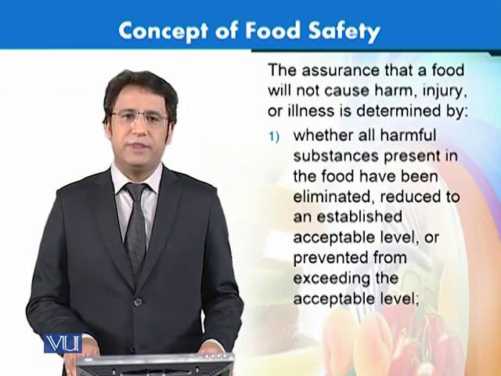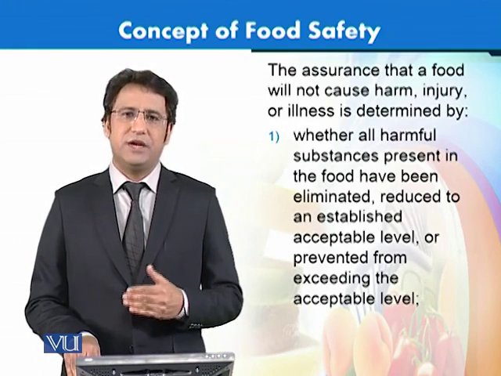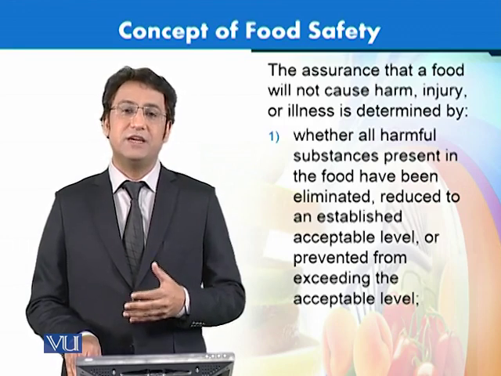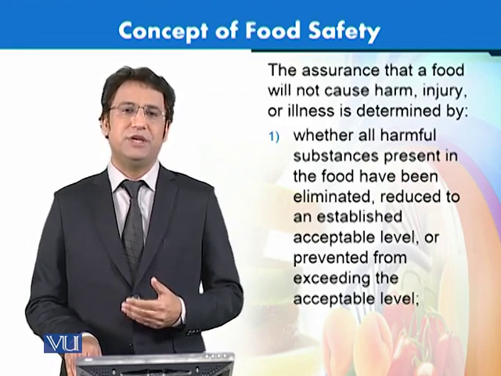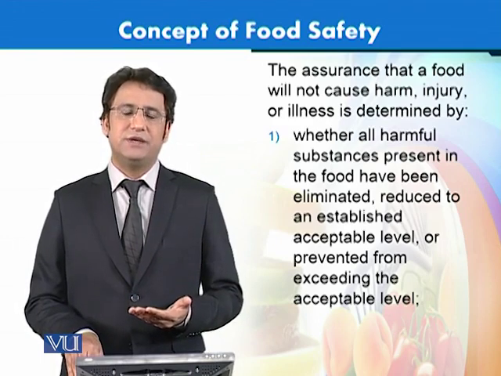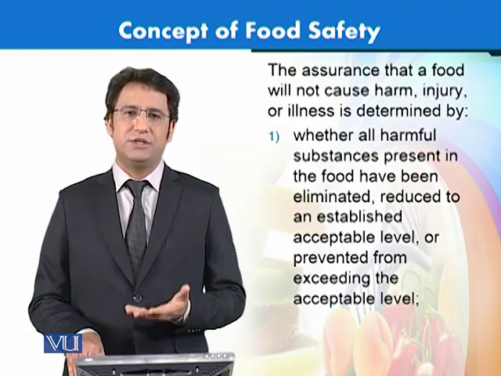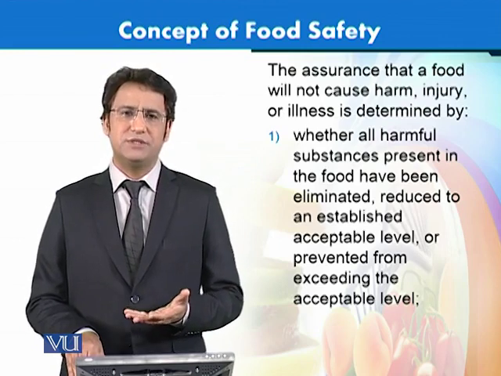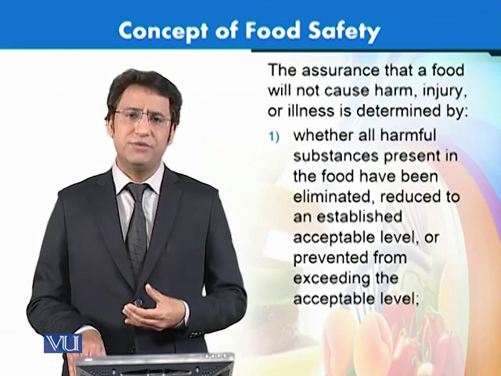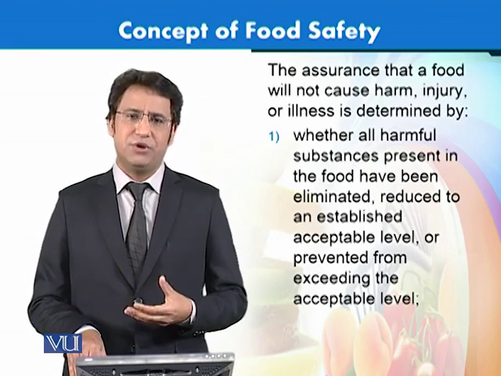So in order to achieve that situation, as I said, this has legal implications when the producer produces a food and that causes harm to the end user. It means they have the responsibility to take care of a lot of things. And for making food safe, there could be three different approaches.